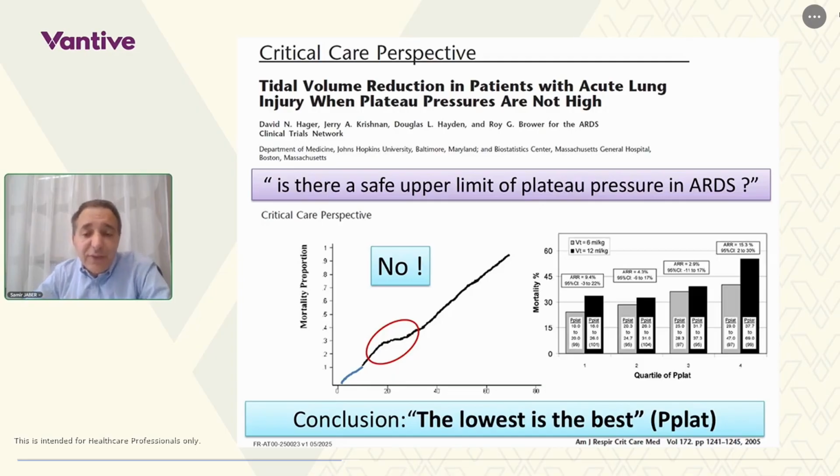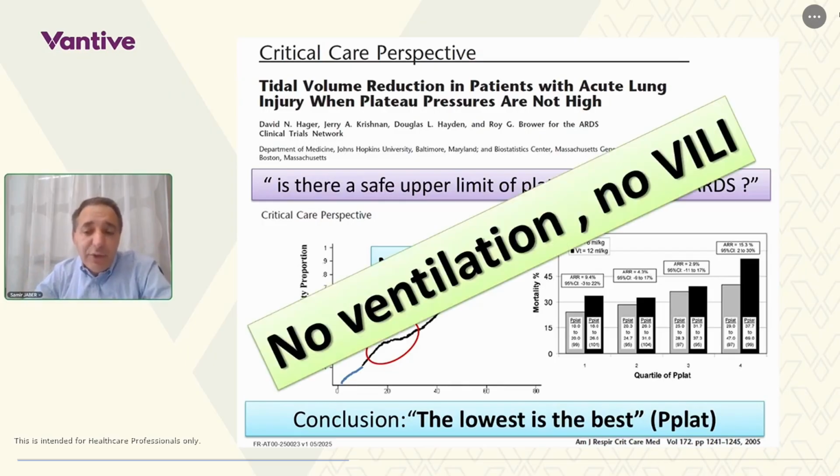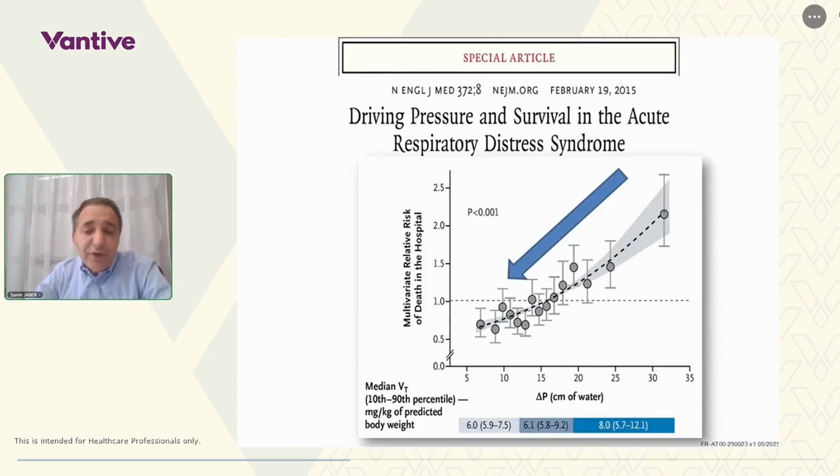So the objective now is to really try to have the minimum value of alveolar pressure, evaluated by the surrogate of plateau pressure, or we now have a better evaluation, which is the driving pressure. In this trial published in the New England Journal of Medicine, which summarized 9 randomized trials on ARDS, we showed on the y-axis the relative risk of mortality, and this is the driving pressure.